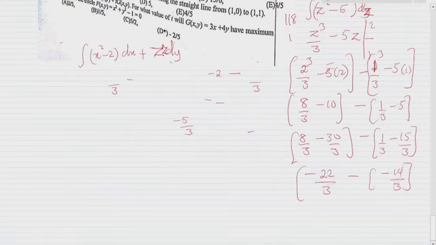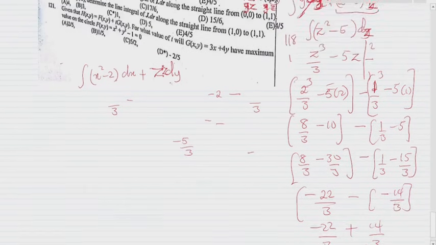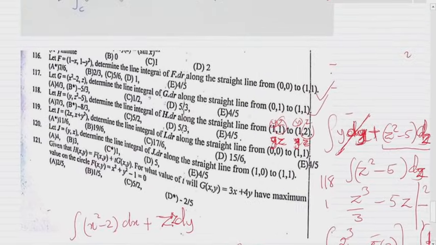This should give minus 22 divided by 3 plus 14 divided by 3, that will give minus 22 plus 14 over 3. That should give 8 over 3, right? No, is it 8 or minus 8? Minus 8, I think. Yes. So minus 8 over 3 for 118.